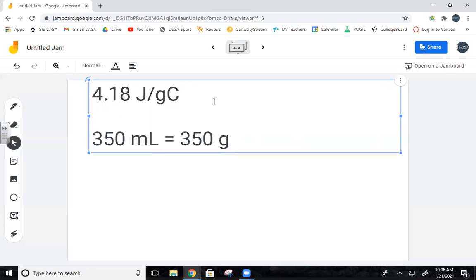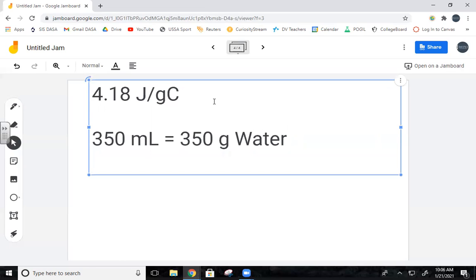Okay? So we've got 350 grams of water. It is currently at 20 degrees Celsius because it's just been sitting. And I want to get it really nice and hot.